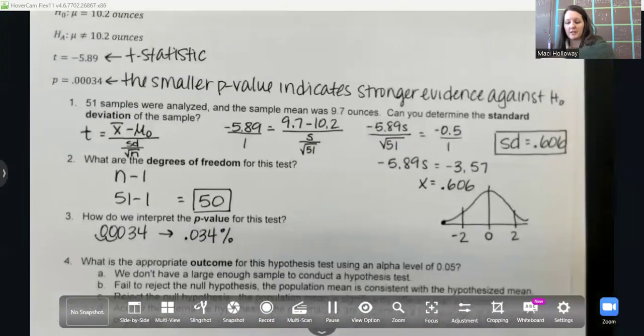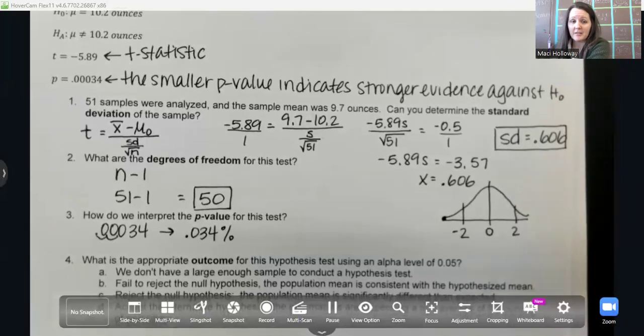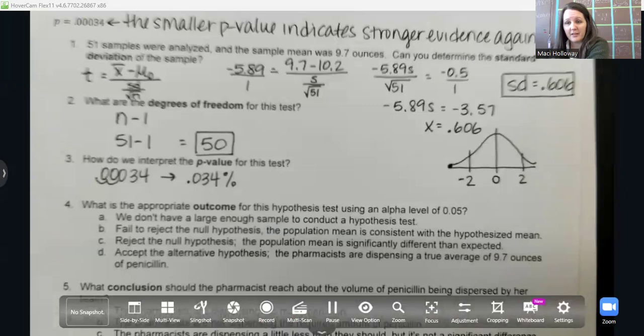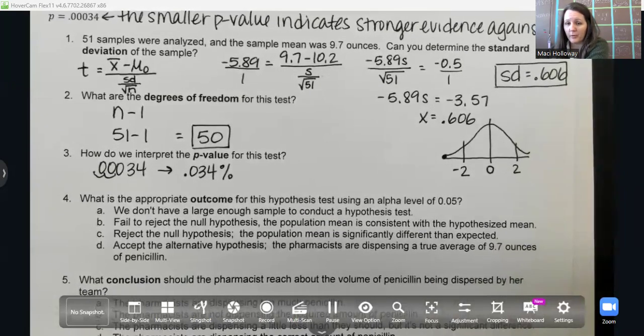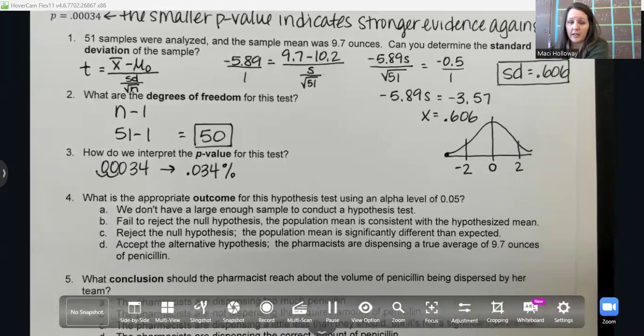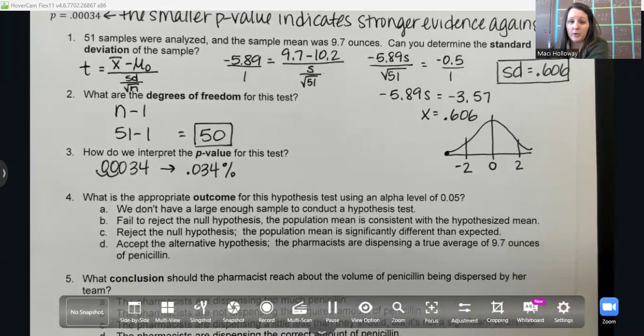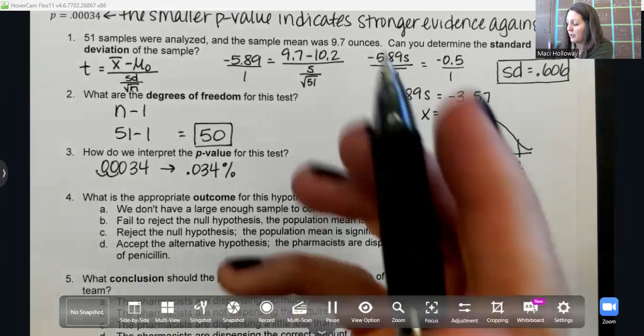So that means that it's a very, very strong possibility that the sample mean is not what it should be, right? Because it's supposed to be 10.2 and it's very far away from that. So far away that we cannot blame it on sampling error, that there's actually an issue with what's going on in his pharmacy, right?